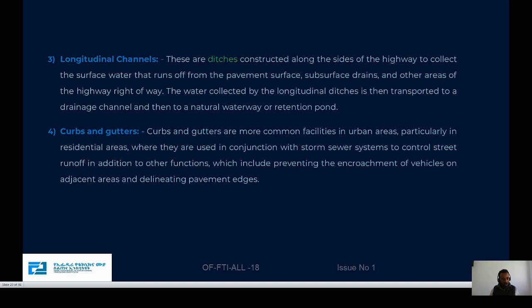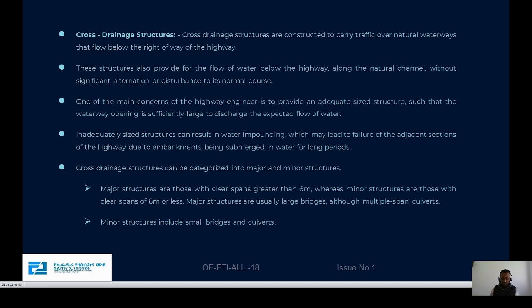Curbs and gutters are also very important. These facilities are mostly related to urban areas, particularly residential as well as commercial areas. And there are also cross drainage structures.